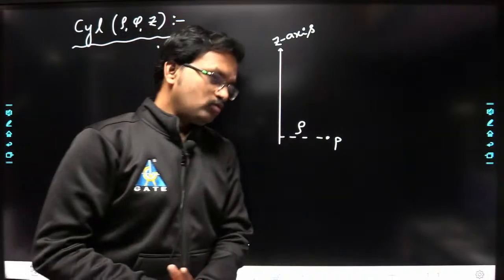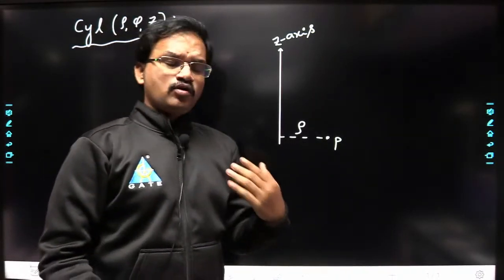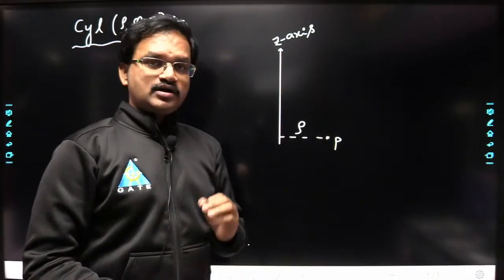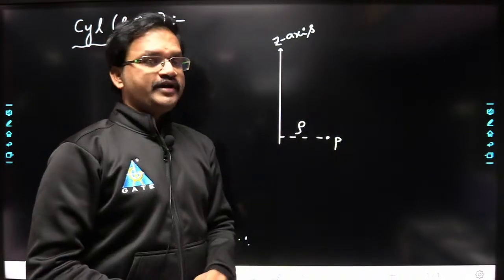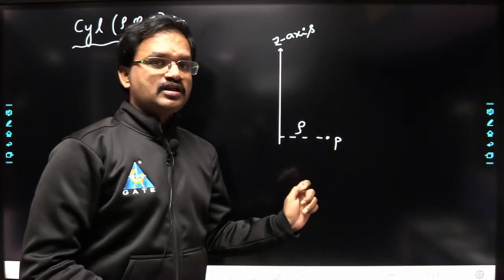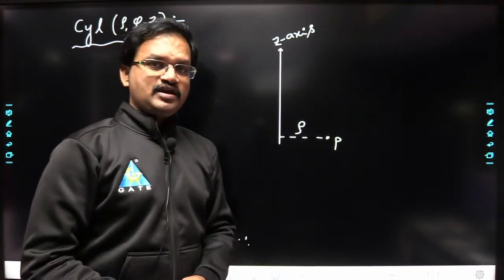Now my question is, what is the locus of all the points which are at the same normal distance rho from the z axis?